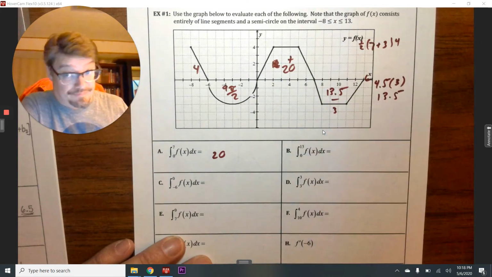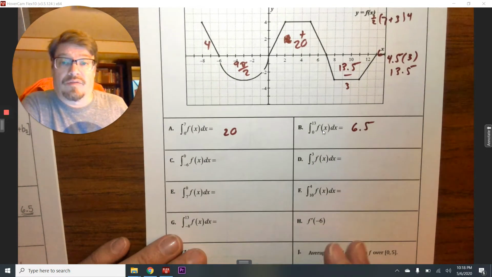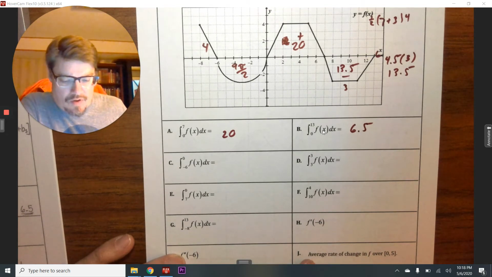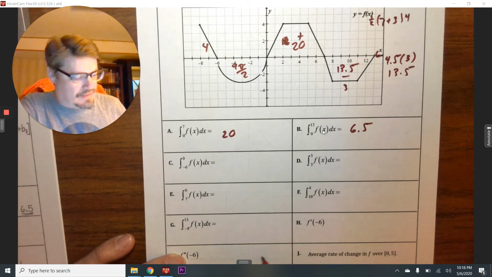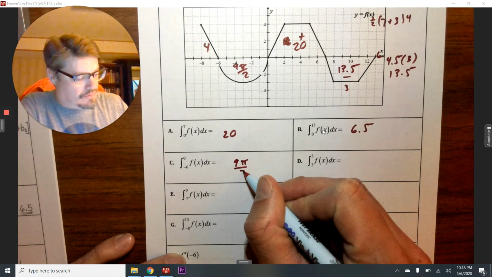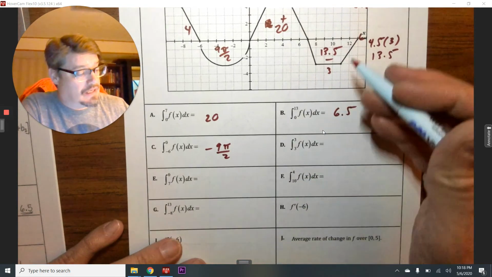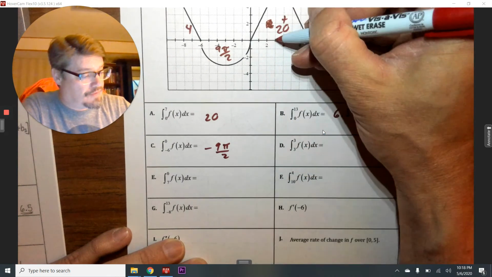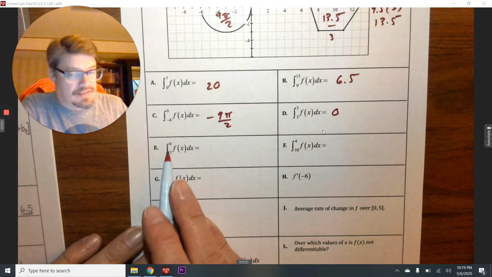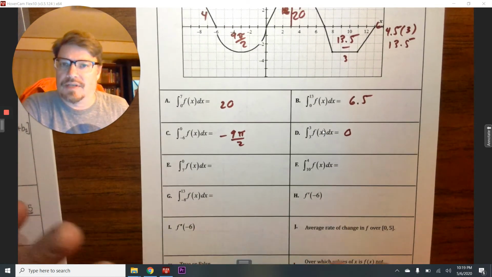From negative 6 to 0 is absolutely 2, but it's below the x-axis, so make sure that you made it negative. D is from 3 to 3. That's a sliver there, so that's actually 0. 0 to 7 is, there's an issue, right?